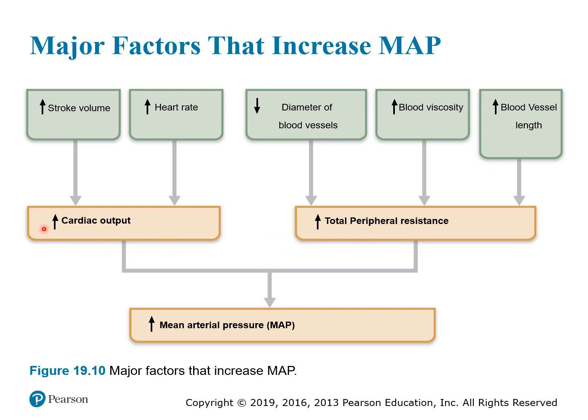Now cardiac output depends on stroke volume and the heart rate. If there is increased stroke volume and increased heart rate, cardiac output will be more, and mean arterial pressure will be more. And then we have resistance on the other side. If the diameter of the blood vessel decreases, or if the viscosity increases, or if the blood vessel length increases, the resistance increases.